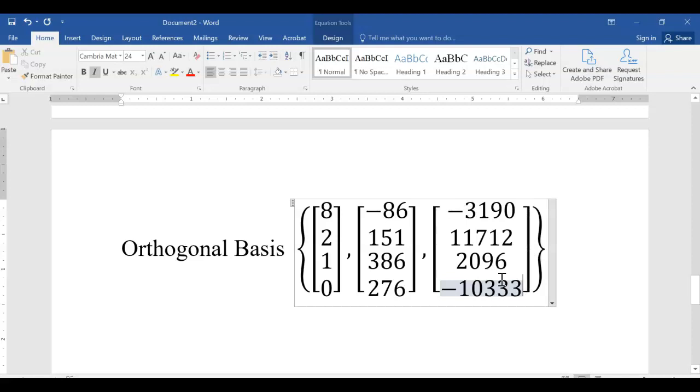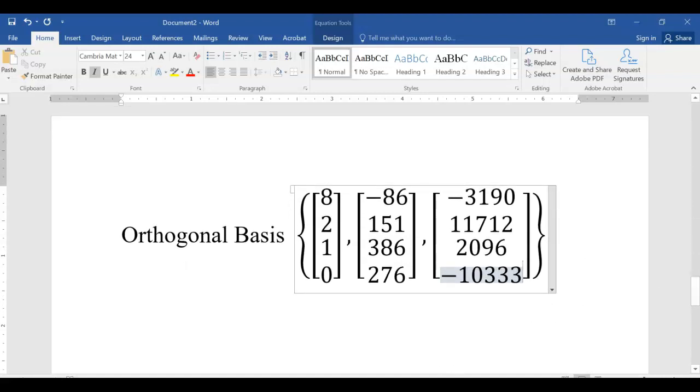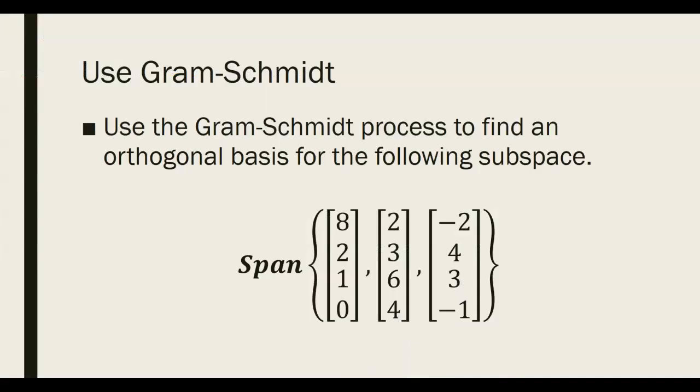Although, again, still we're getting some big numbers here. By the way, you can check to see if this is an orthogonal basis. Go ahead and do that if you'd like. This is an orthogonal set, and it is going to have the same span as this set here.